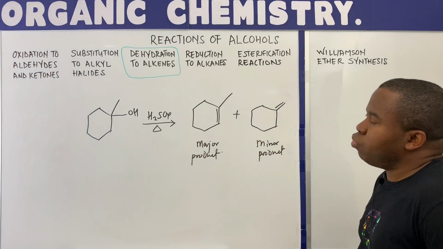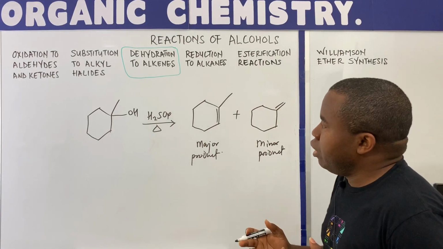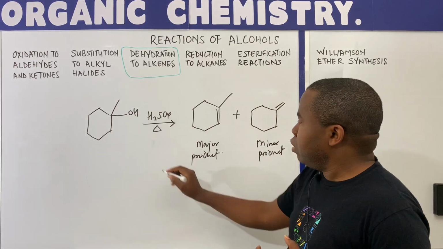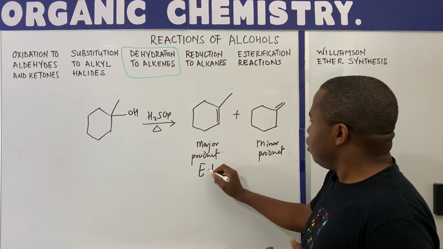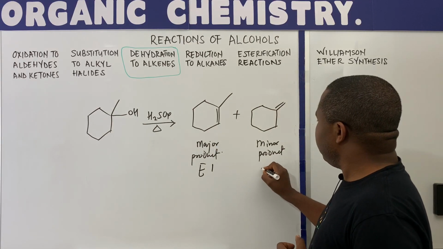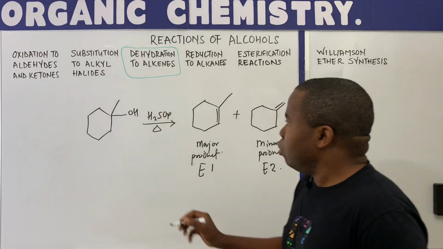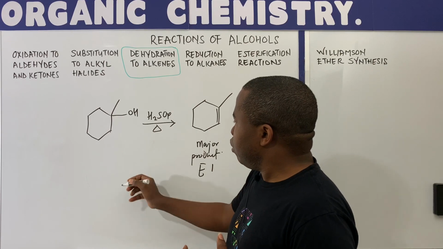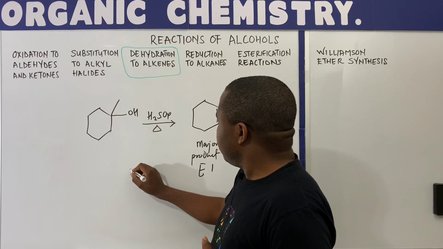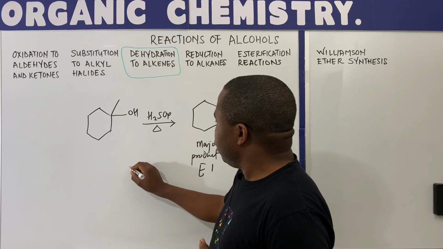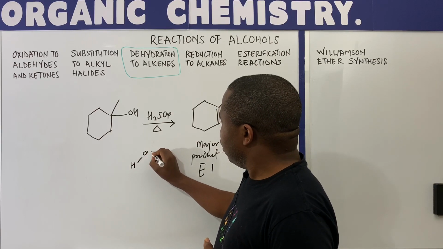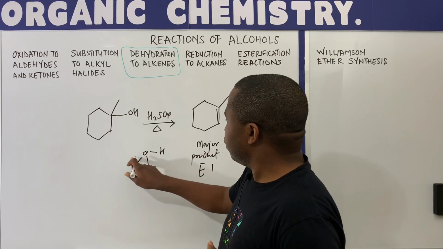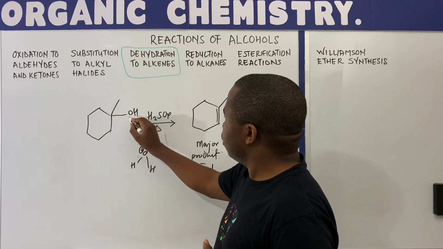That is because one of the routes is going through an E1 mechanism. So this is going through the E1 mechanism, and this is going through the E2 mechanism. So this is basically going to follow the mechanism I just cleaned off the board. It's going to be something like this.